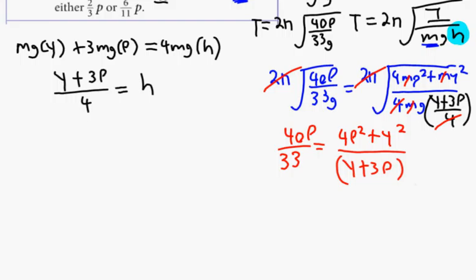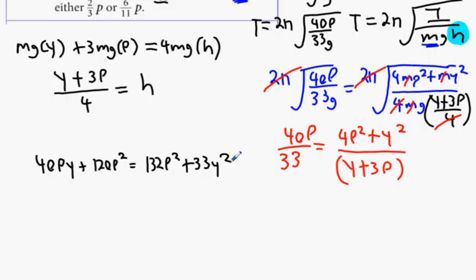Cross multiply, and we get 40py plus 120p squared equals 33 times 4 is, what's that, 132 p squared plus 33 y squared.